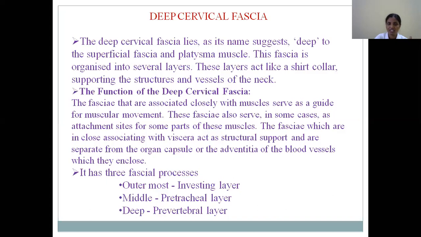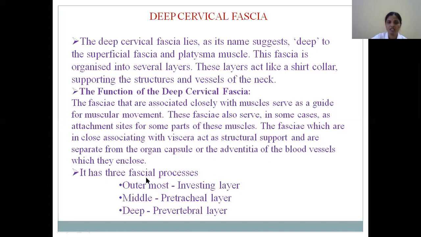But the deep fascia is not loose connective tissue; it is a dense connective tissue. In this dense connective tissue, the abundant fiber is collagen, not elastic, so extensibility is also less, and the collagen fibers are densely arranged. By this architecture, the deep fascia prevents infections from spreading from the superficial to the deeper structures of the neck.